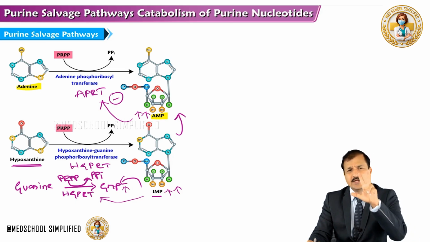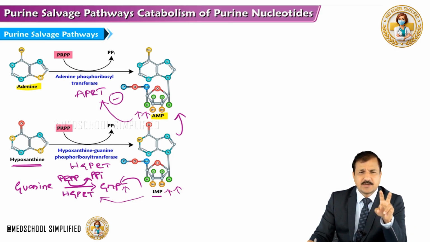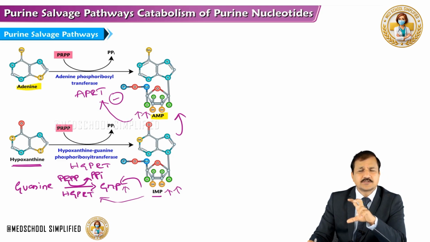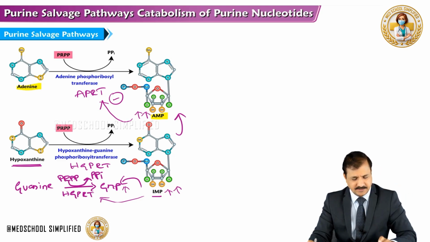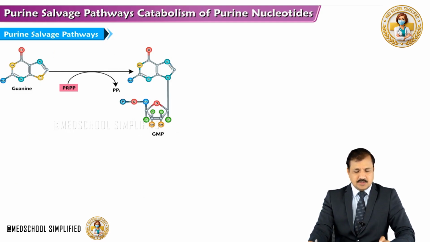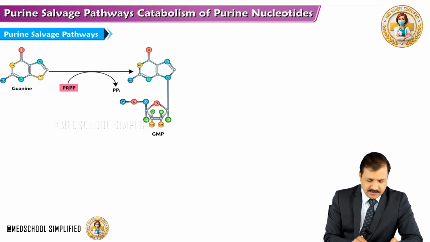So we have only two enzymes in the purine salvage pathways. One is APRT, the other is HGPRT, and it takes only one reaction to convert adenine into adenosine monophosphate, hypoxanthine into inosine monophosphate, and guanine into guanosine monophosphate. Alright, so that's what I have shown here in this figure.